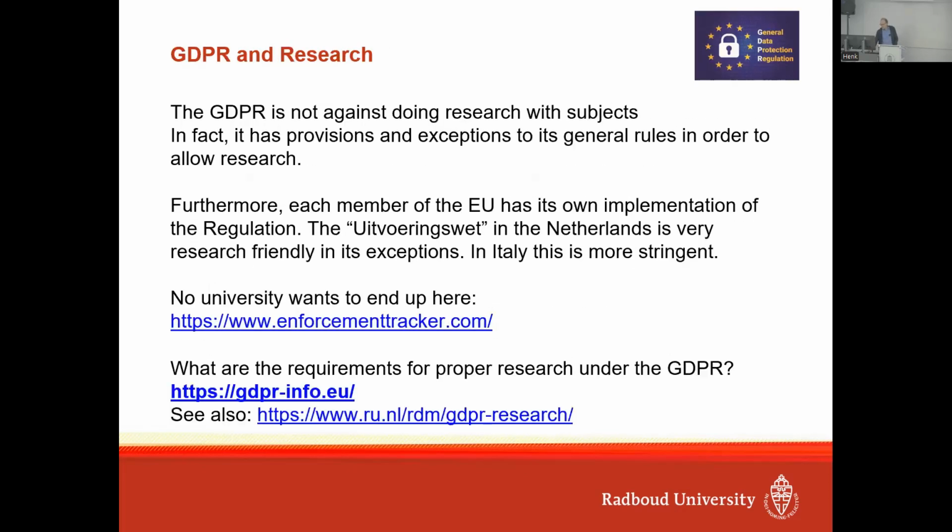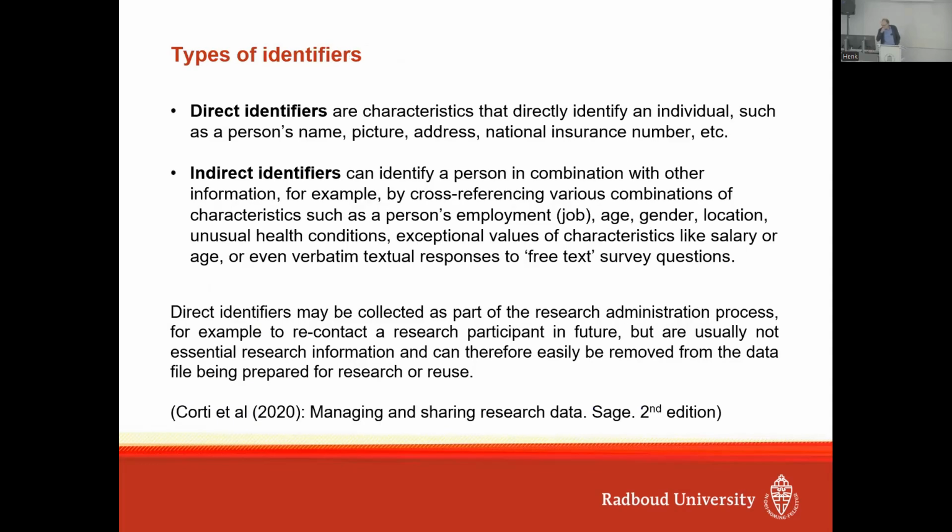It's an interesting thing to make a division between types of identifiers. So there are direct identifiers, which can immediately identify a person, typically social security numbers, bank account numbers, even IP addresses are very important here.